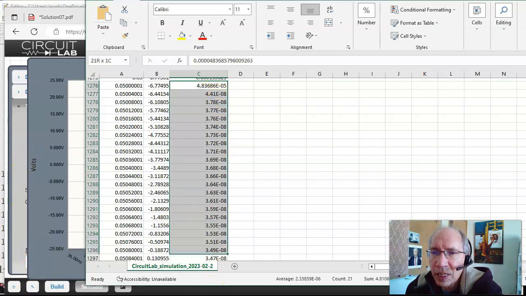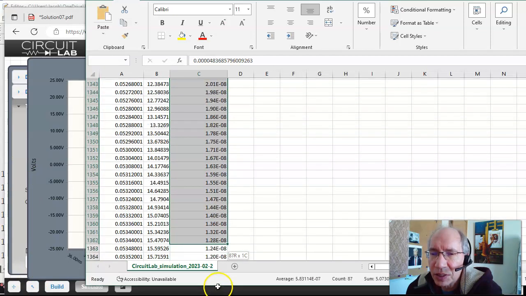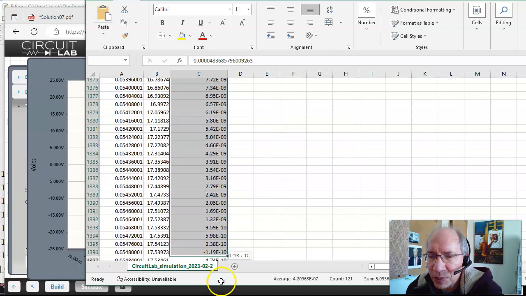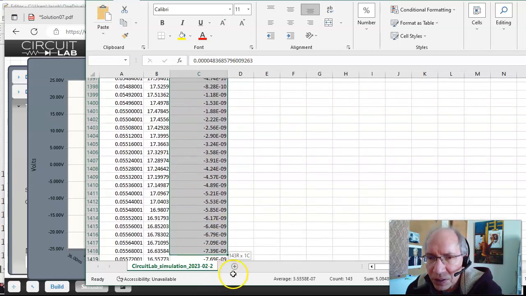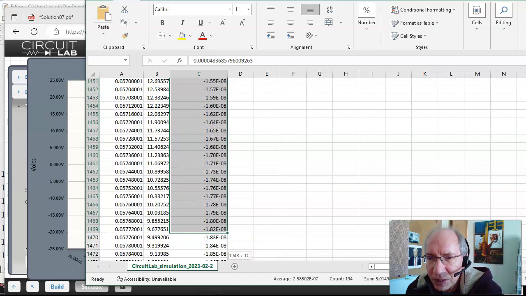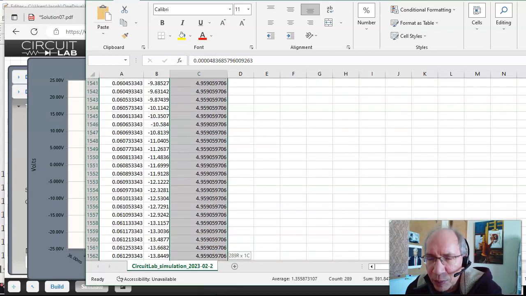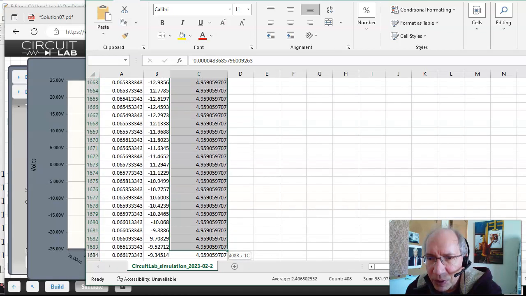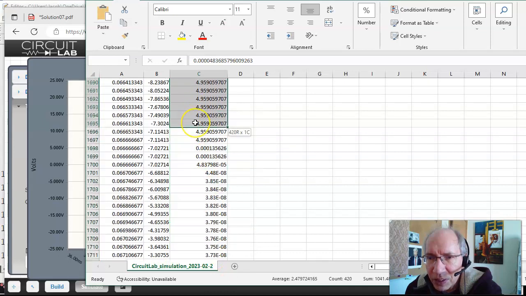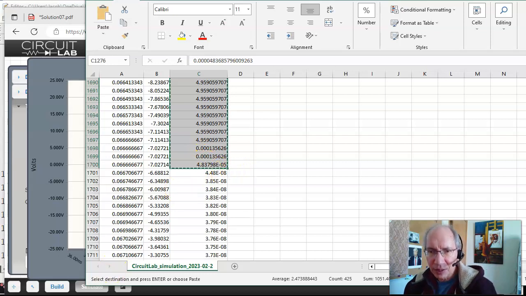Actually, one cycle of 16 milliseconds is going to go from 50 to 66.7 milliseconds. Copy, copy, copy. There's 60, 1, 2, 3, 4, 5, 6, 66.7 milliseconds. Right about there. Copy. I can now go into MATLAB.